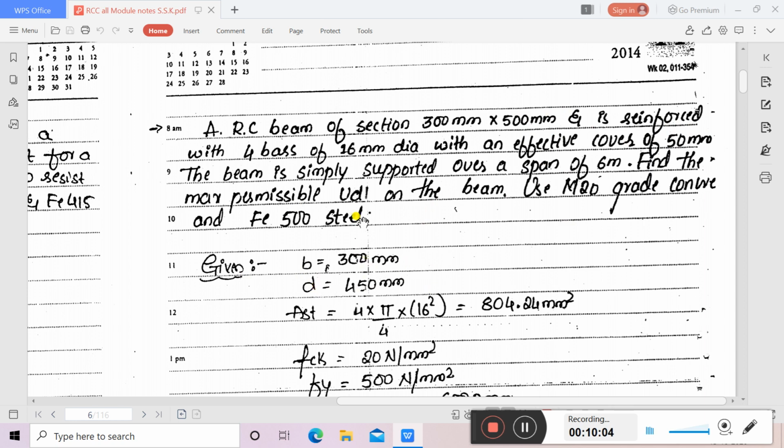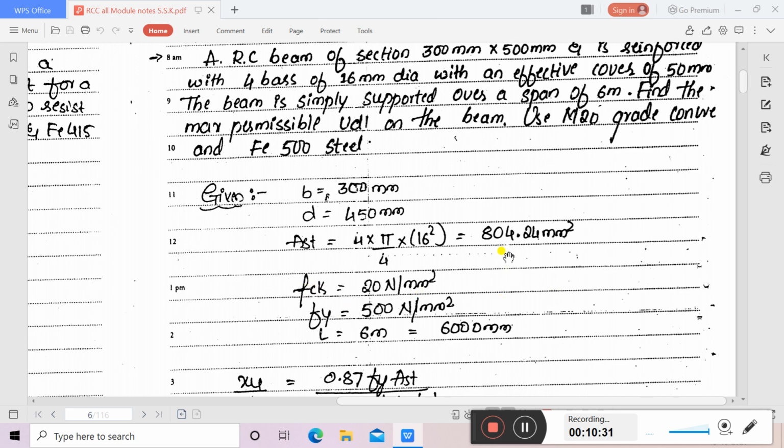Next, how many bars have they provided? 4 bars of 16 mm dia. 4 into pi by 4 into 16 square. Area of one 16 mm bar is pi by 4 into 16 square. That will be 804.24 mm square. This is the total area of reinforcement provided in the beam.